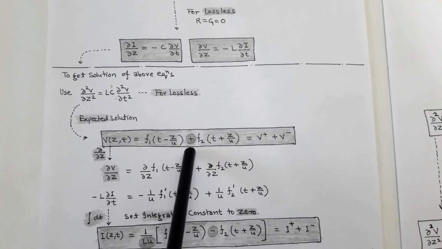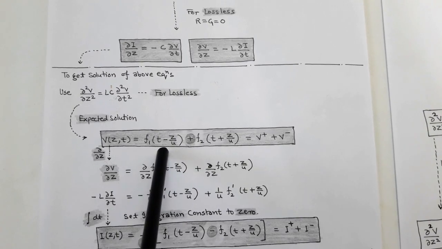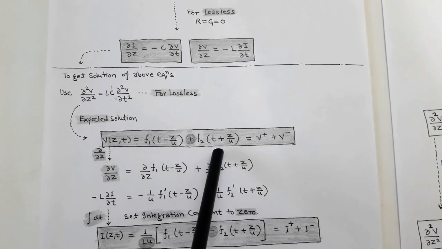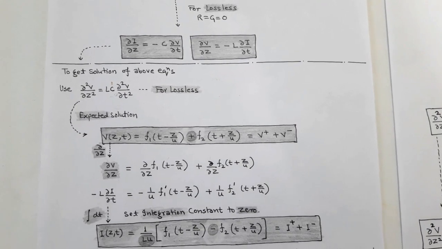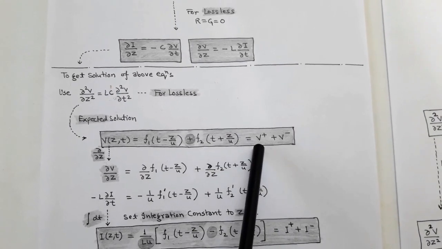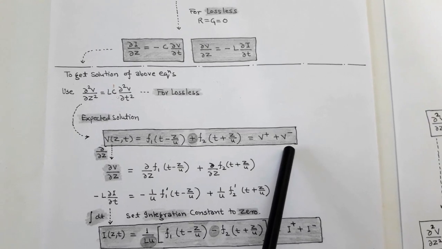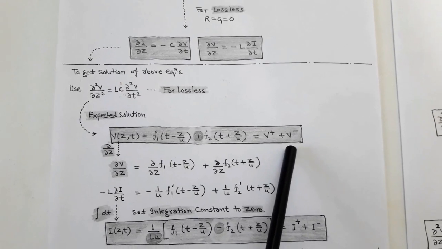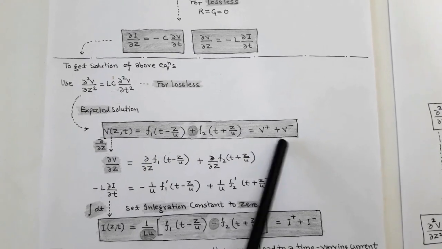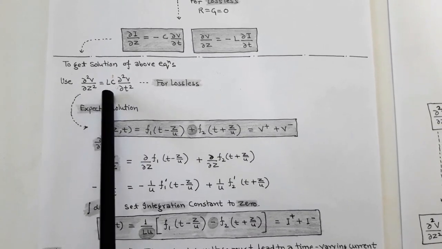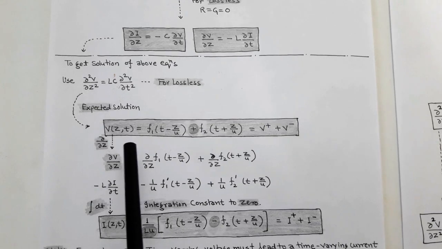In the forward function the argument is t minus z upon u, and in the backward function the argument is t plus z upon u. The forward function is represented by v plus and the backward function by v minus. This is the expected solution for a lossless propagation in case of a second order equation.